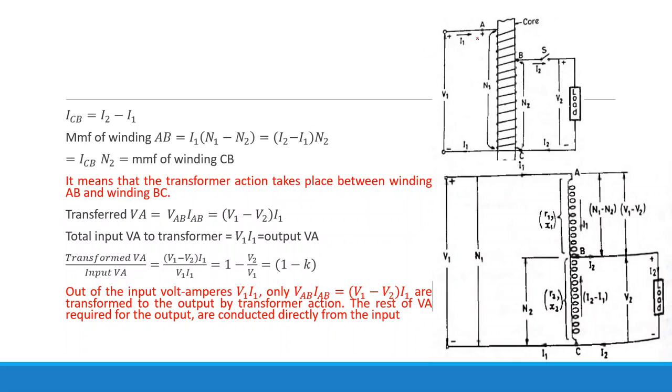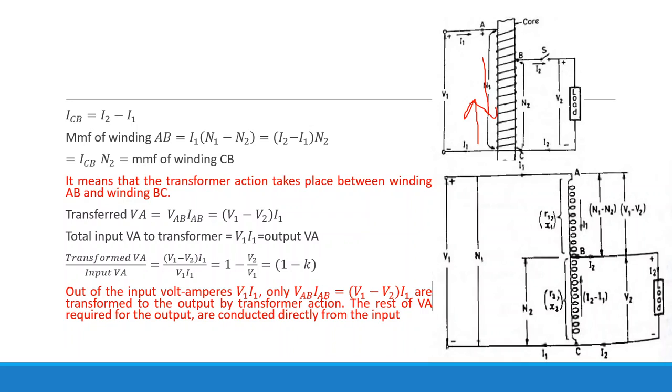The current here will be flowing from A, B, C, and for the secondary circuit, current direction will be from C, B and through load. This will be the direction. It means for this winding B and C, there are two currents. One is due to primary, the other one is due to secondary. So from here, the I1 is flowing in this direction, and for secondary, the I2 is flowing in this direction.